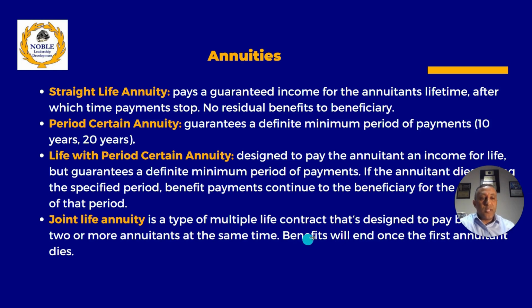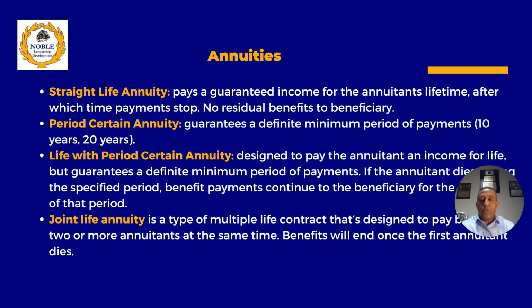It is designed to pay an annuitant an income for life, but guarantees a definite minimum period of payments. If the annuitant dies during the specified period, benefit payments continue to the beneficiary until that period has ended. So it's giving both options. If the person lives, it gives him more money for life, and if the person passes away, the certain number of years that are unpaid will be paid to the beneficiary.